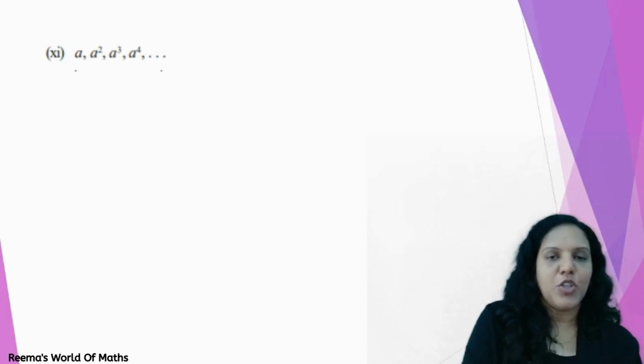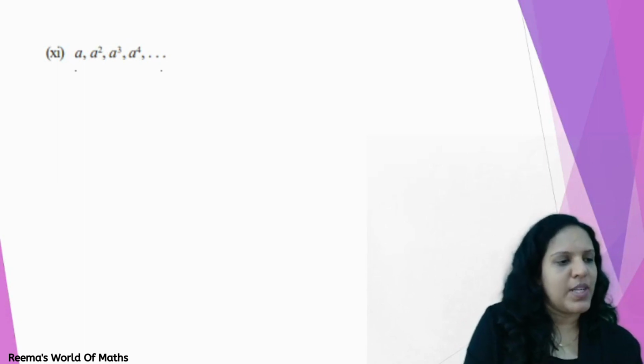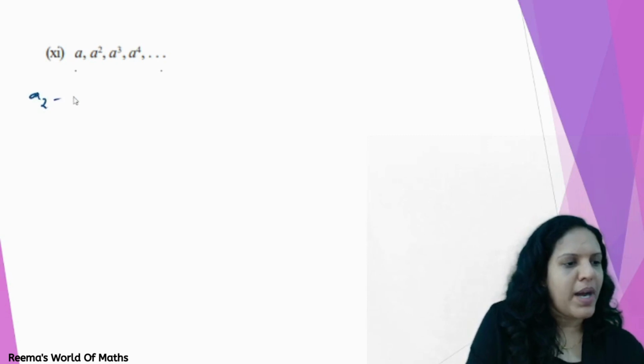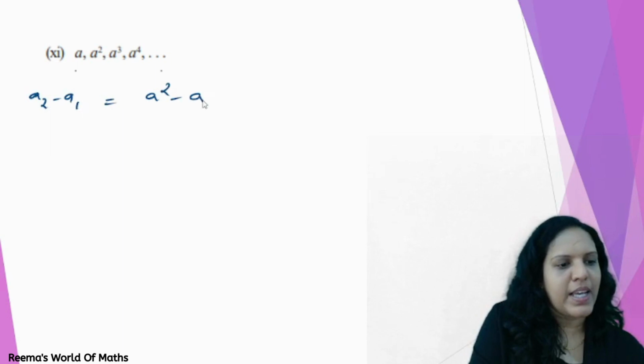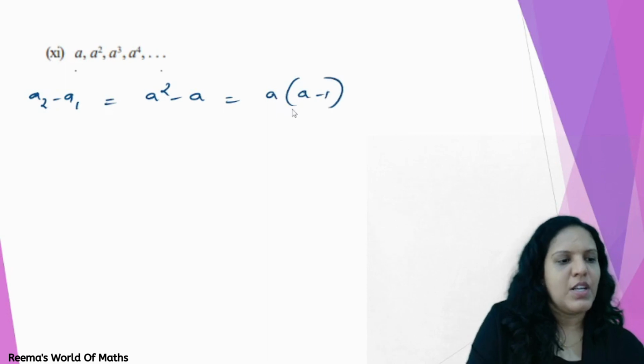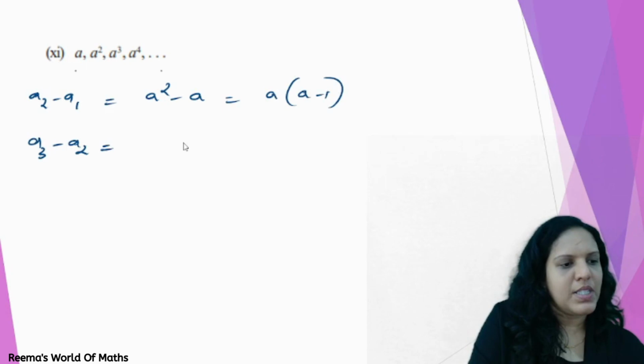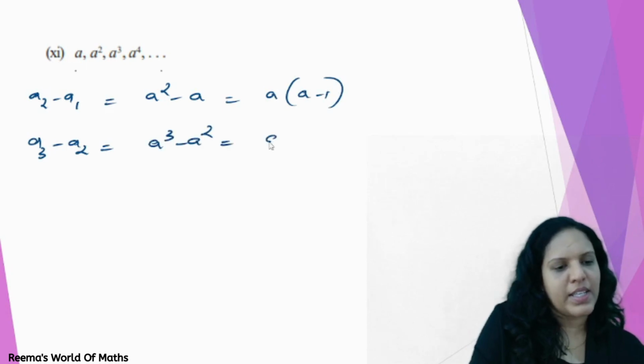A squared, A cube and A to the power of 4. Let's see the difference between the terms. A2 minus A1 is A squared minus A, which we can write with A common as A times A minus 1, correct? Secondly, A3 minus A2 is A cube minus A squared, so again we take A squared common, then A minus 1.